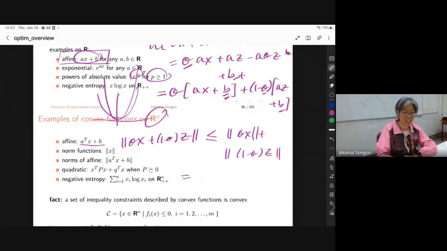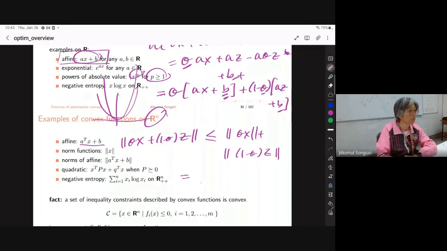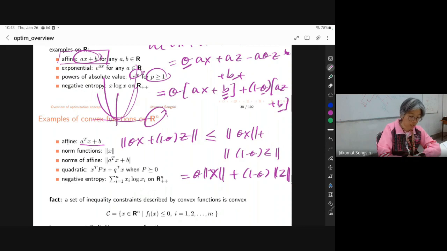Theta is just a scalar, so the norm of theta x is absolute value of theta times the norm of x. Because theta is between 0 and 1, it's basically theta, and 1 minus theta times the norm of z. So this is very important: any norm, whether it's a vector norm or a matrix norm, is a convex function.